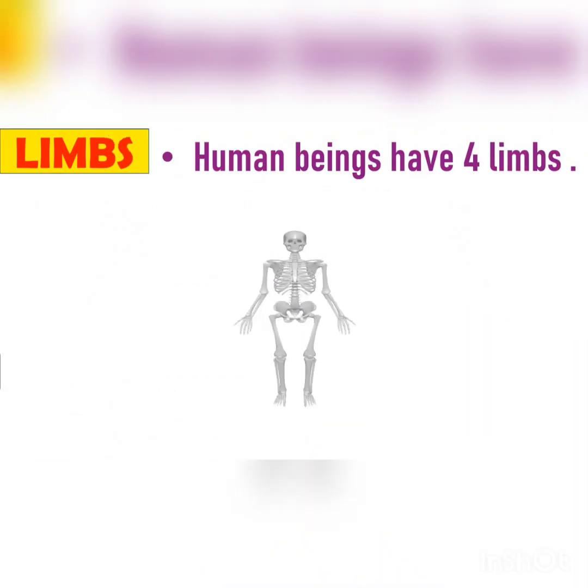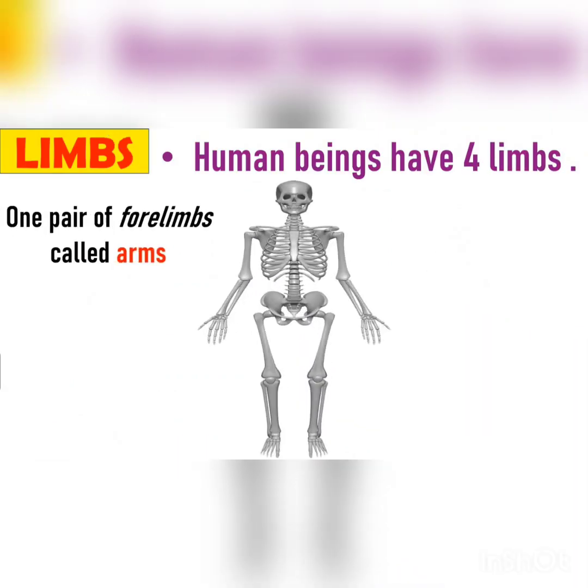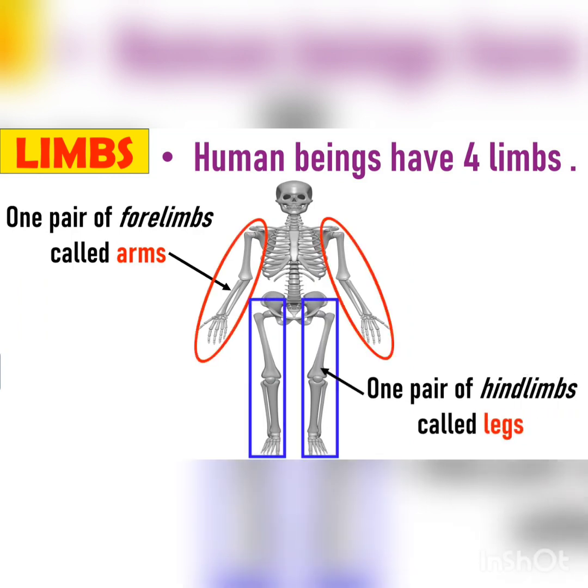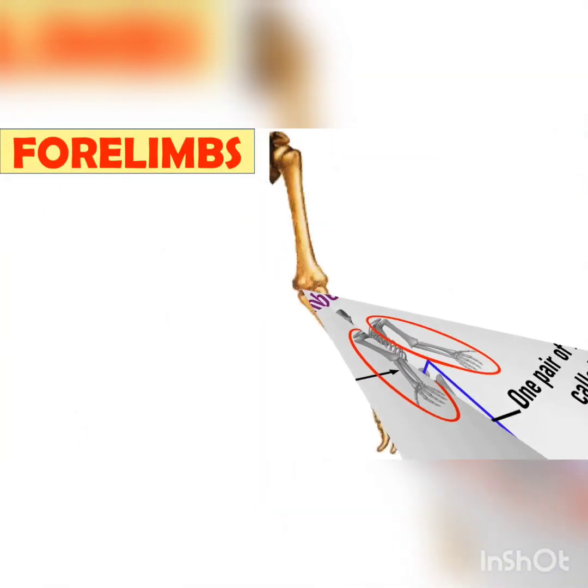Then comes limbs. Human beings have 4 limbs. One pair of upper limbs called arms, and one pair of hind limbs called legs.